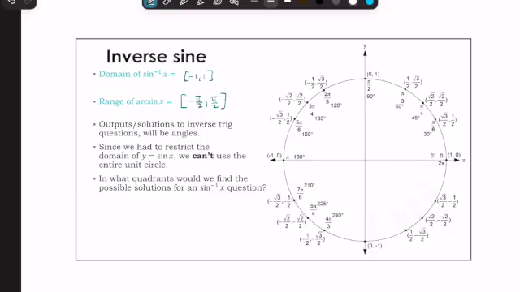Yeah, they're gone. Cool. So now we are going from negative pi over 2 to pi over 2. So this is now negative pi over 3, not 6, negative pi over 4, negative pi over 6. And then we've got 0, pi over 6, pi over 4, pi over 3.